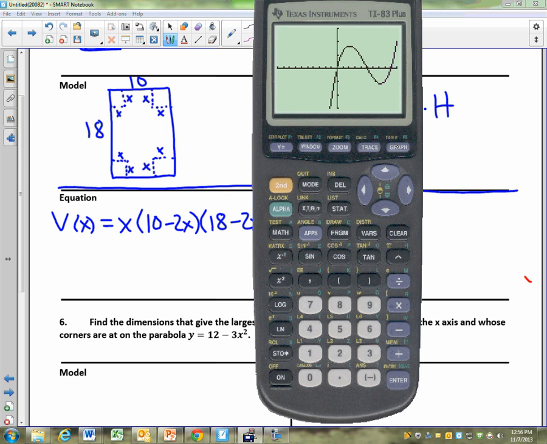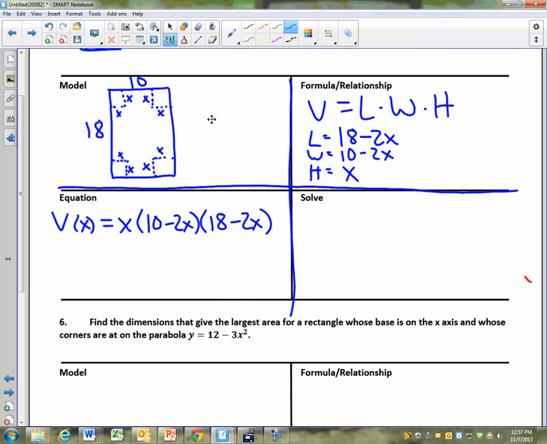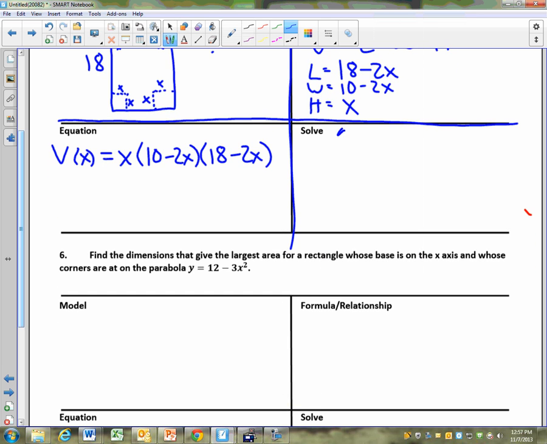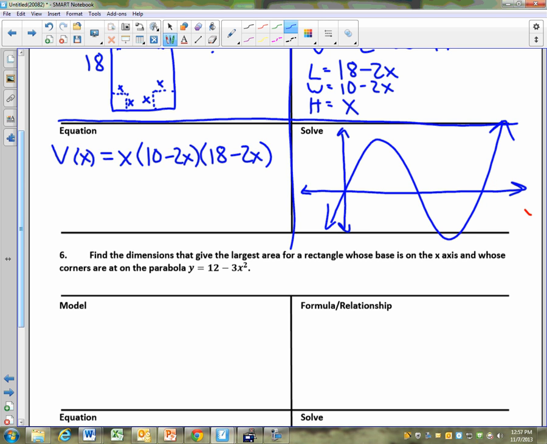Does it have a maximum? It does. We're in luck. I didn't do anything. I left it alone. That's your shape.